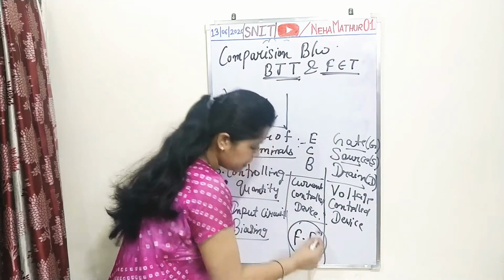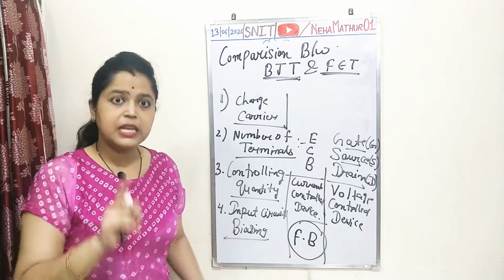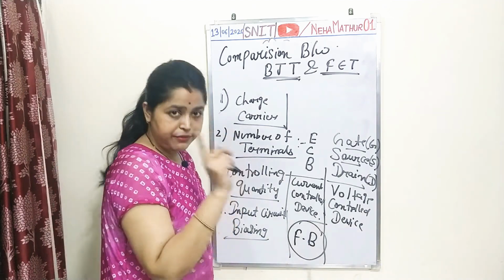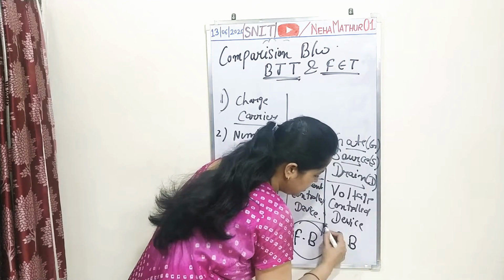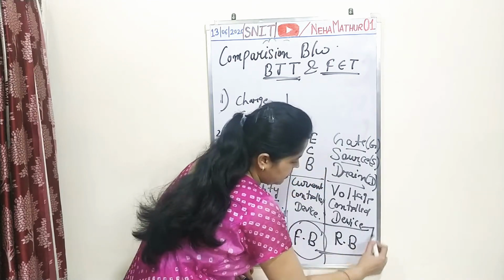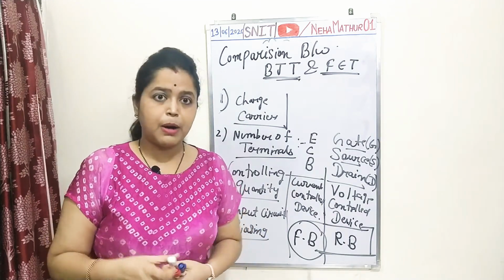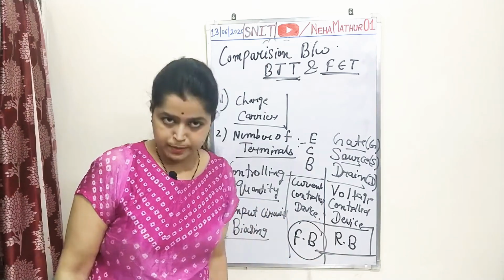So generally the input circuit is biased with forward biasing in case of BJT, while in case of FET the input circuit is always biased with reverse biasing. In the upcoming videos, when we discuss the circuit diagram, I will tell you how reverse biasing takes place.